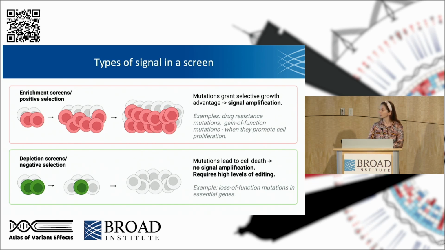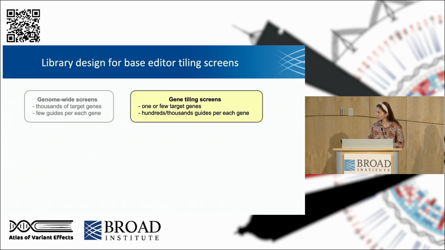And there is a second type of signal, which occurs in the depletion screens. Here the mutation leads to cell death or stalling of progress, and in this type of screen, the cells harboring the mutations are progressively depleted from the population, which makes it particularly important to make sure that we have a good starting level of base editor signal in depletion screens.